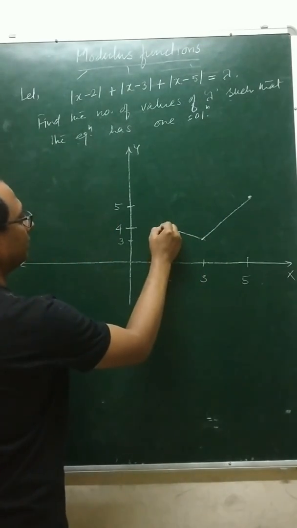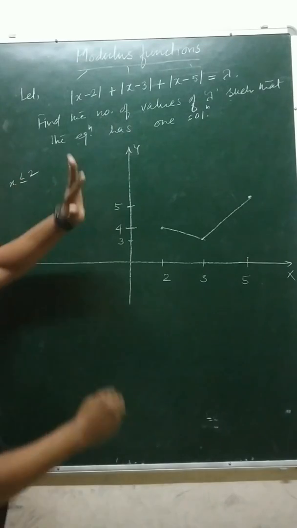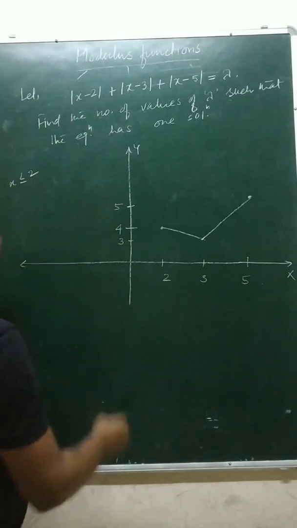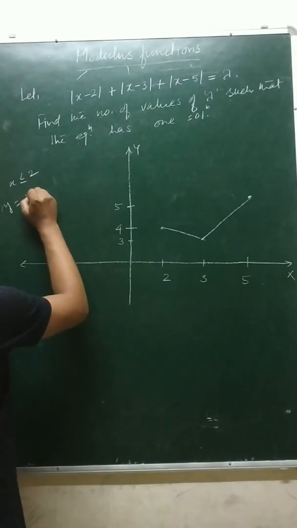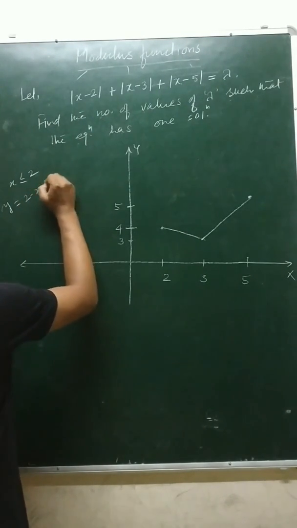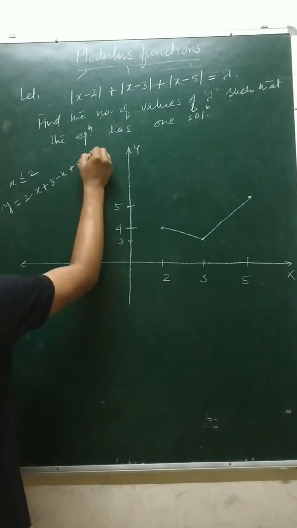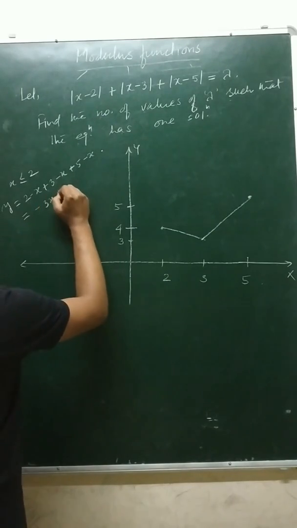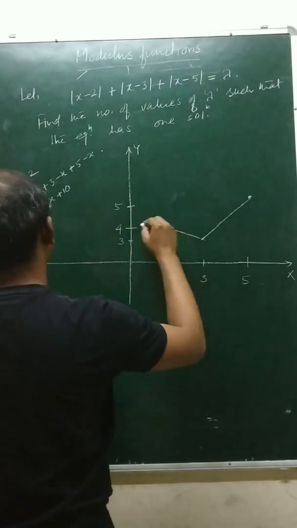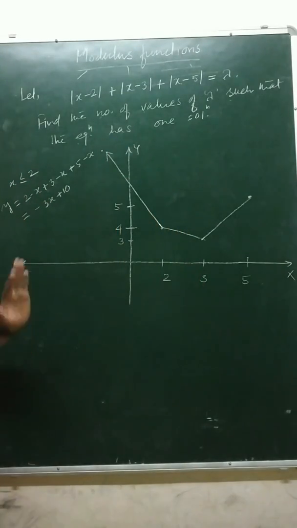Now for x less than or equal to 2, all of them will open with a negative sign, so y will be minus 3x plus 10. The slope is negative. The graph will be something like this.